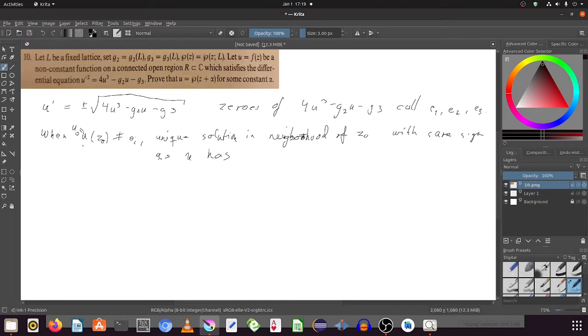So given a solution, one of the signs is chosen, provided the derivative is non-vanishing, right?